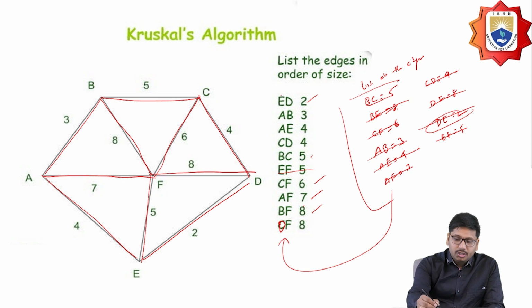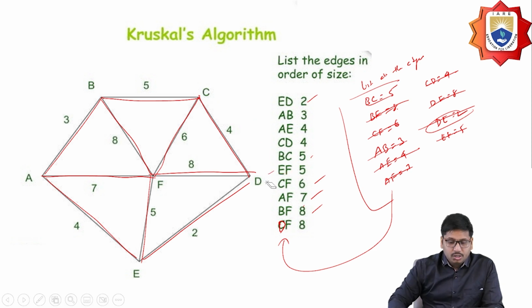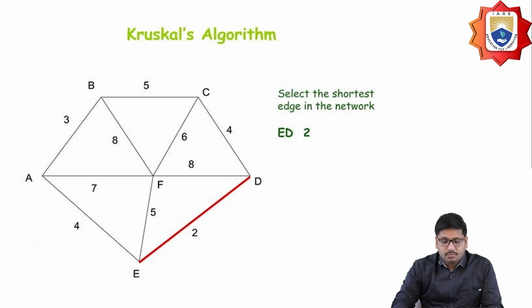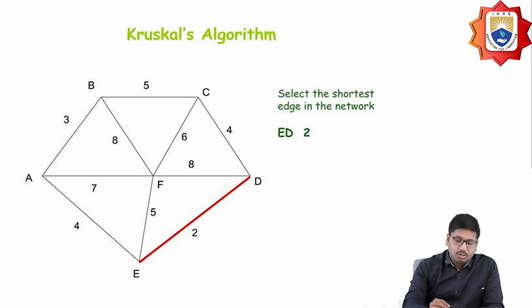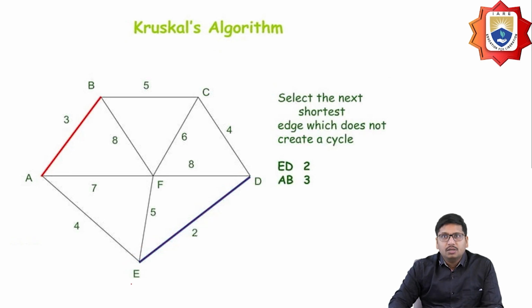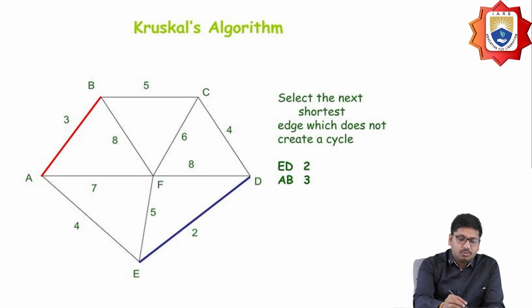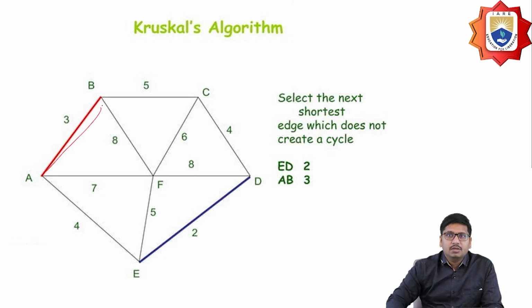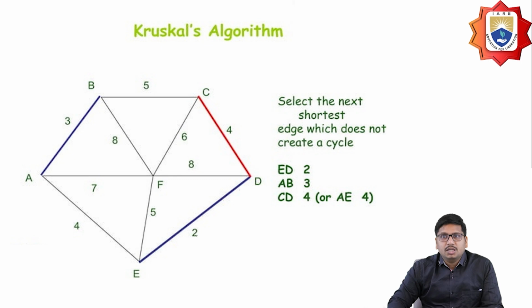Once I list all the edges in this ascending order, then I have to consider all those edges in the graph, marking them. This is the first one, AD. I'm going to mark it, and the next one is AB. So I'm going to consider this one. The next one is CD or AE.